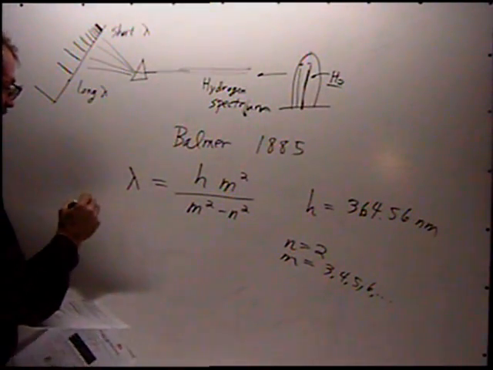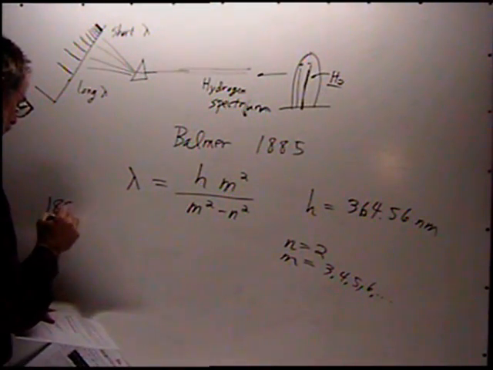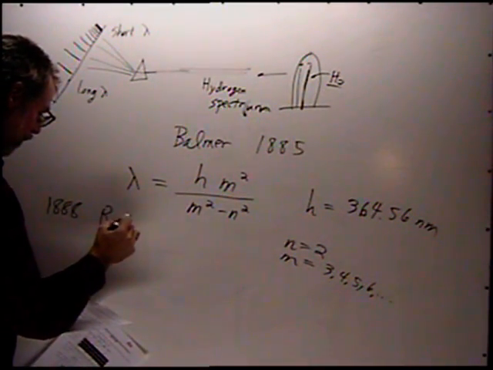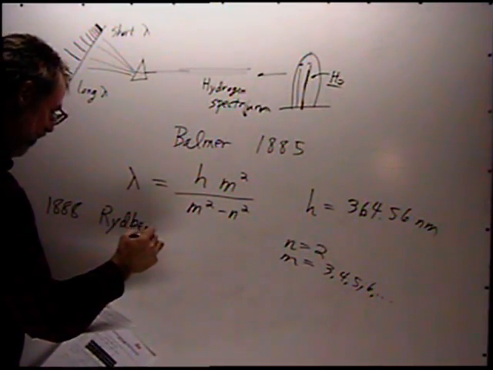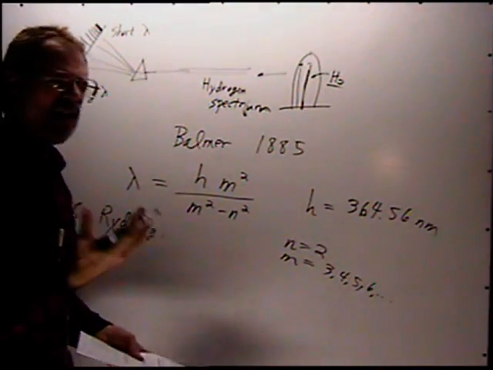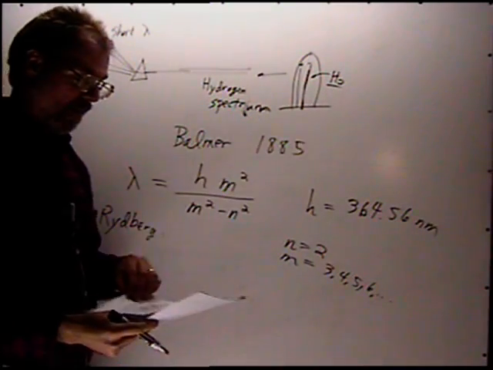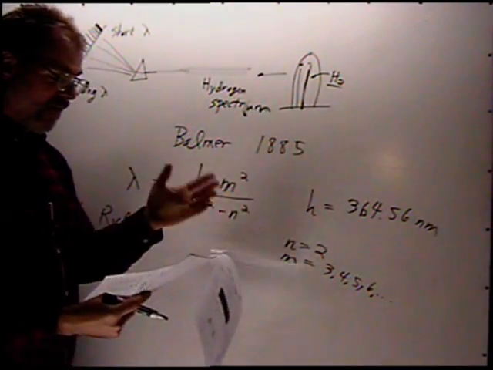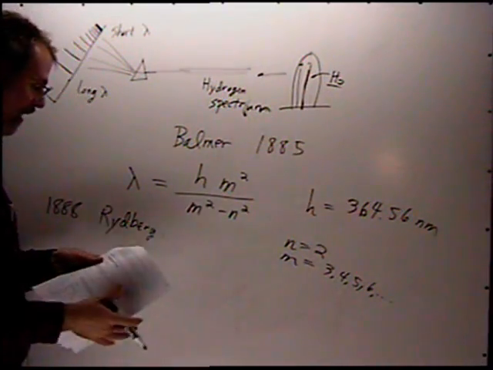Then Rydberg, in 1888, a physicist, took the Balmer equation and generalized it. By the way, that was page 2 of the handout. Now I'm flipping over to page 3 of the handout.